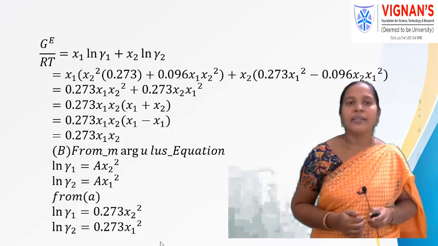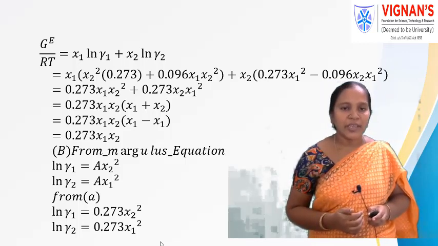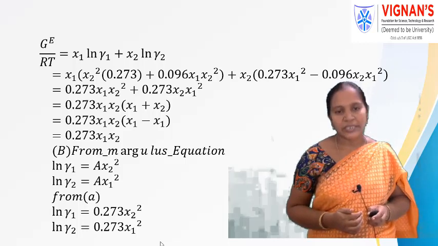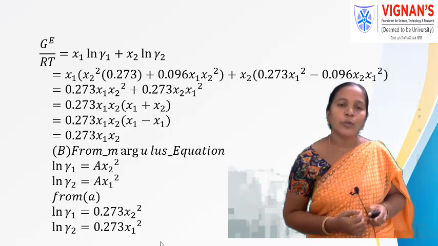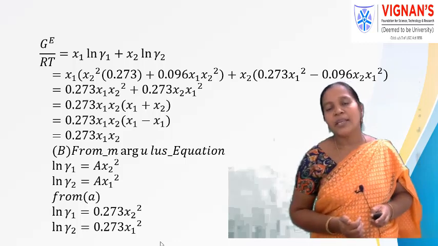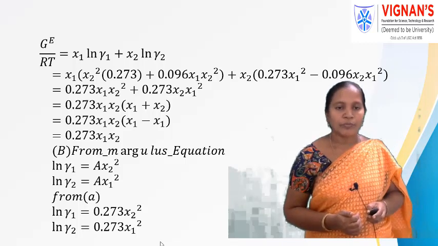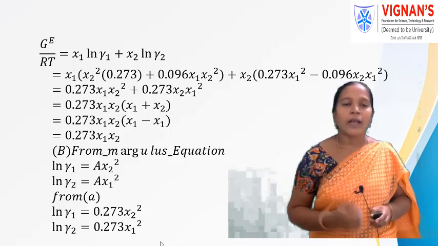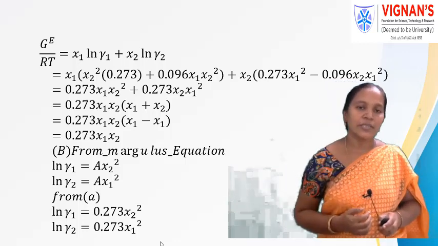From the A bit, ln gamma 1 is equal to 0.273 x2 square. The coefficient in A bit is 0.273. Similarly, in B bit, ln gamma 2 is equal to 0.273 x1 square.